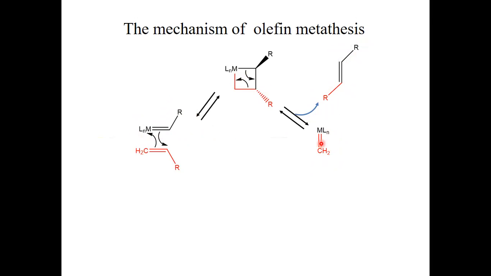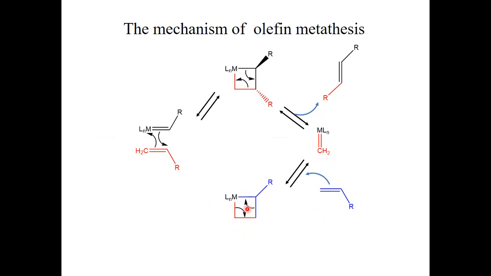So that means that it can react in another 2+2 cycloaddition reaction with another reactant molecule, as shown here, to make another 4-membered ring, as shown here. So again, this is a chemical equilibrium reaction. So this 4-membered ring can just open the way it has formed.